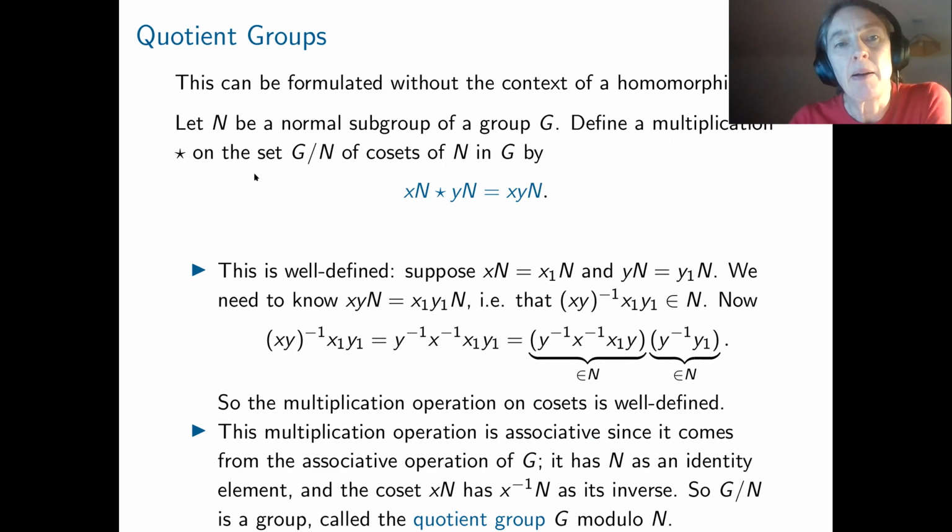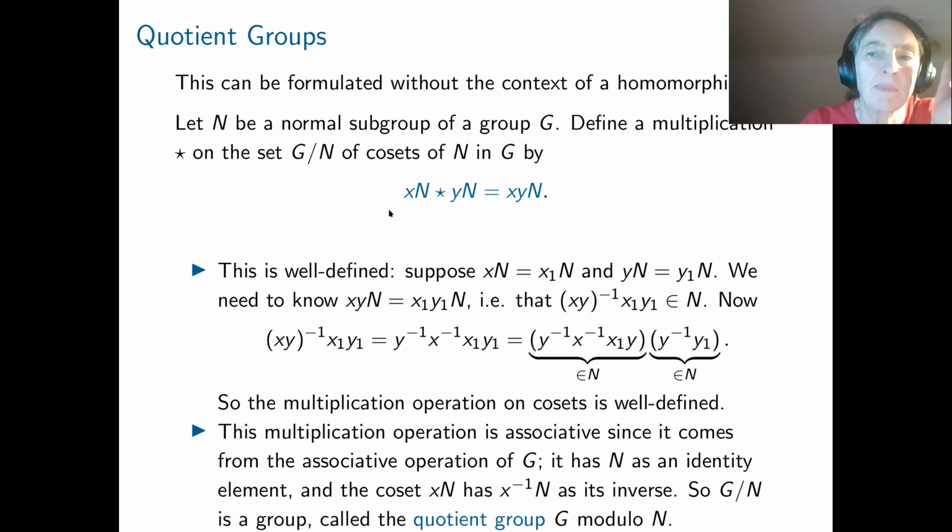And the way that the multiplication operates is, if we take a pair of cosets, then to define their product, we take a pair of representatives of the two cosets, compose them using the group operation in G itself, and then take the coset to which that product belongs. That's what's written in this equation here, in blue, although it might not be so clear.